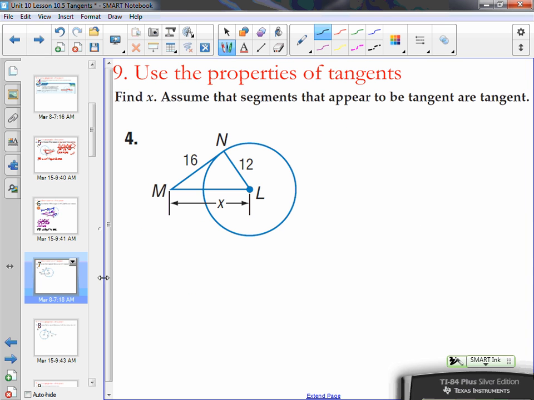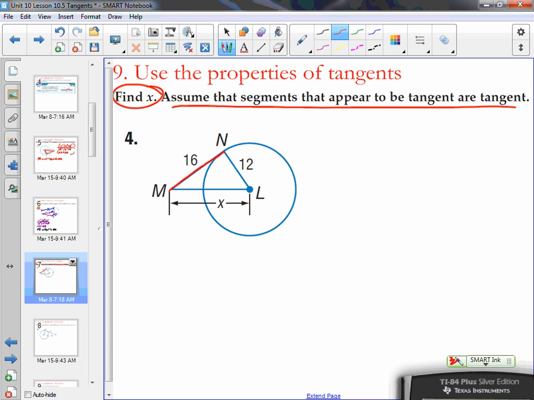It's actually a question over the same theorem. This time, they're not asking us whether or not a segment's tangent. They're telling us. Assume that segments that appear to be tangent are tangent. So segment MN appears to be tangent, so our directions tell us it is.